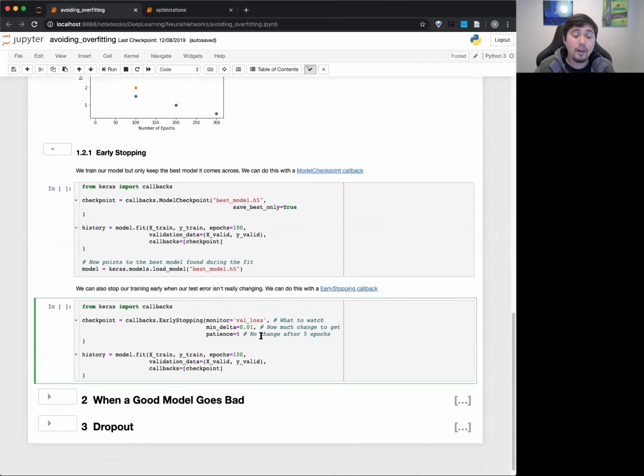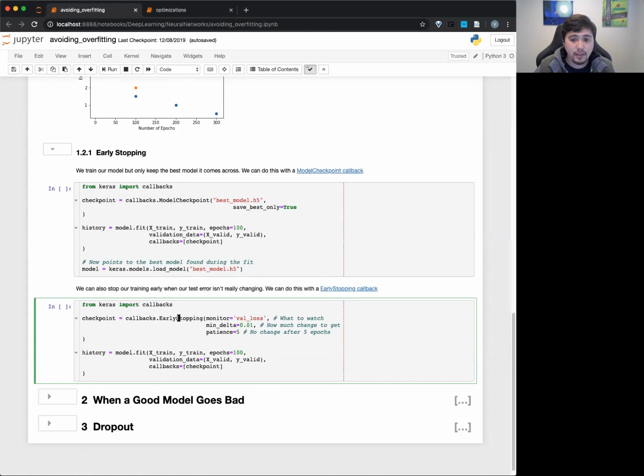You can say, okay, if the validation error doesn't change, or the error increases, over so many epochs, say there's just a random epoch where it bounces up a little bit too high. If it doesn't change over 5 epochs or 10 epochs or 1 epoch, whatever you want to do, go ahead and stop there. That way we're not wasting our time training something that's going to overfit. And that's what this early stopping is right here.